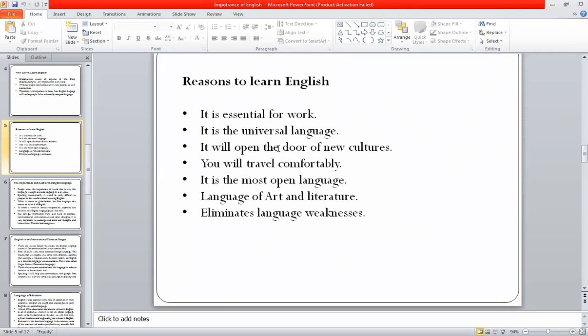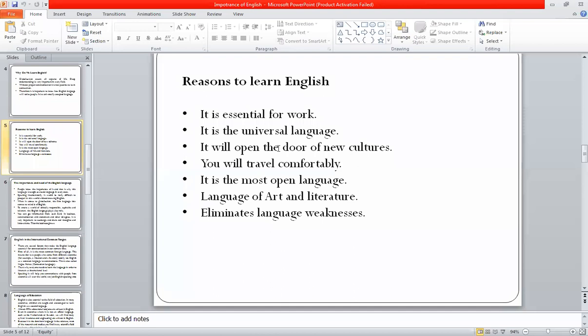You will study it in English and you will translate it into your mother tongue or your own language. But you must have knowledge of the English language for getting the meaning of that literature. So it becomes possible only if you are aware of this language, you know this language.